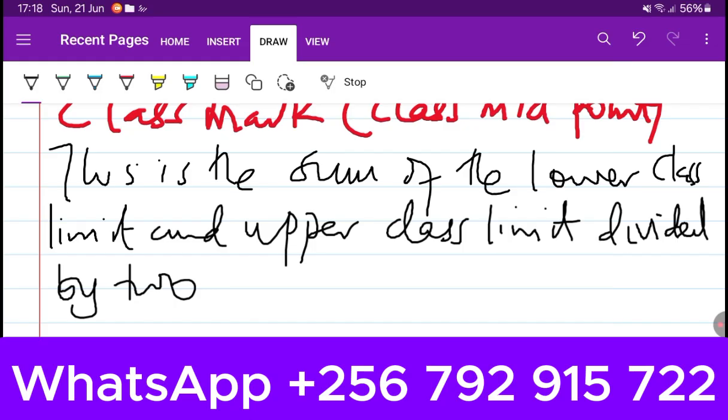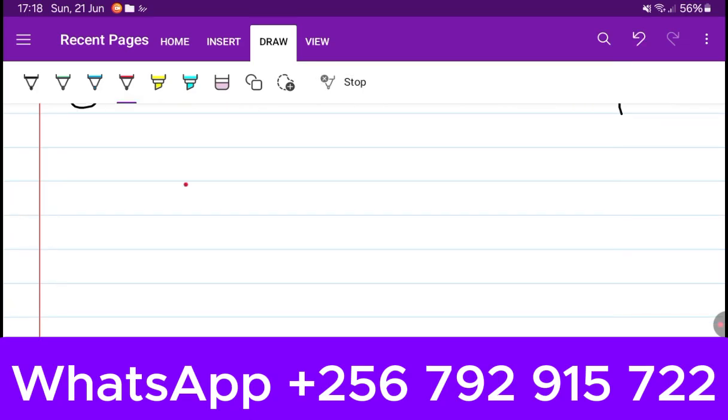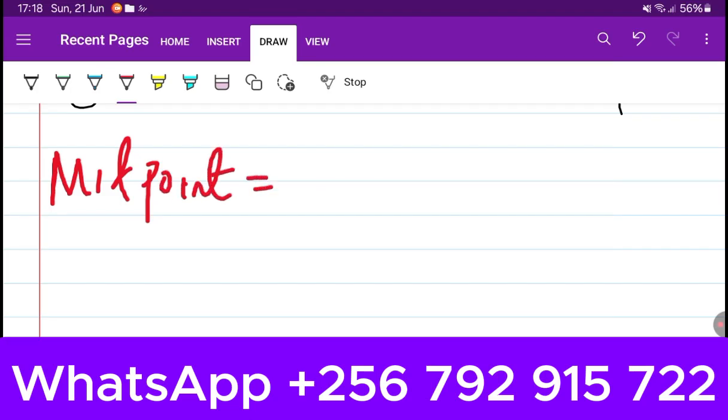Let me write it in a formula way. This is a midpoint. We said it is the lower. Let me even use a different color.